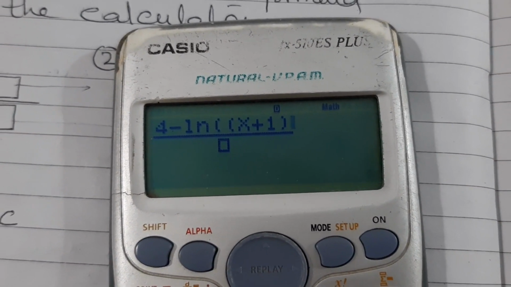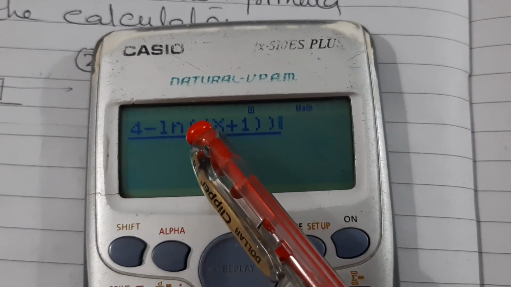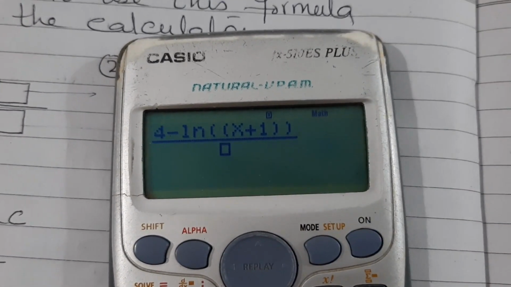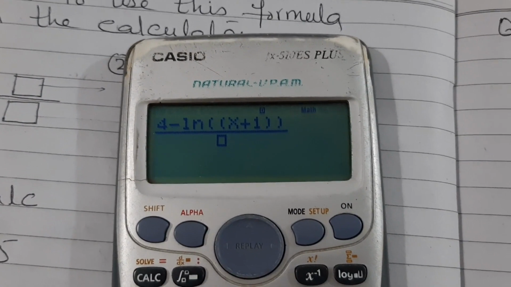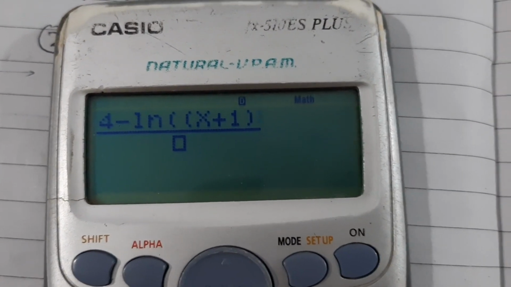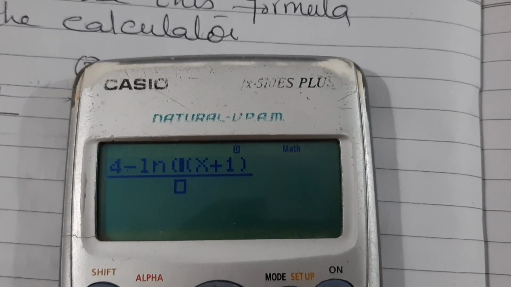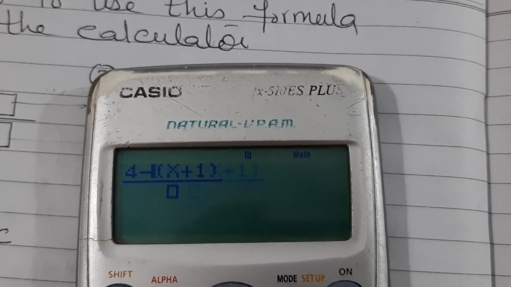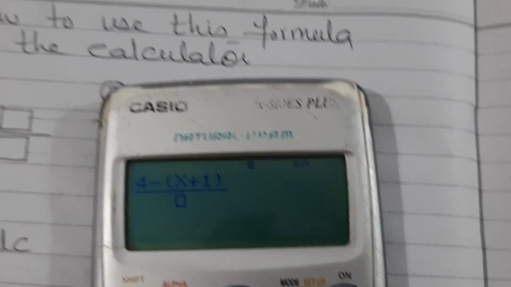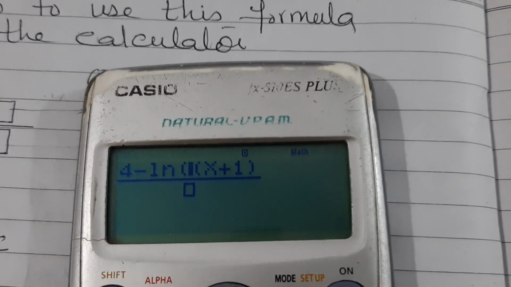And I will put one bracket here because the calculator needs a bracket to close it. This is an extra bracket, you don't need it, I just wrote it by mistake, so let me delete it. Even if I leave it, it will not be wrong, but still let me delete the extra bracket. Oops, ln is deleted. Okay, so now it is right.